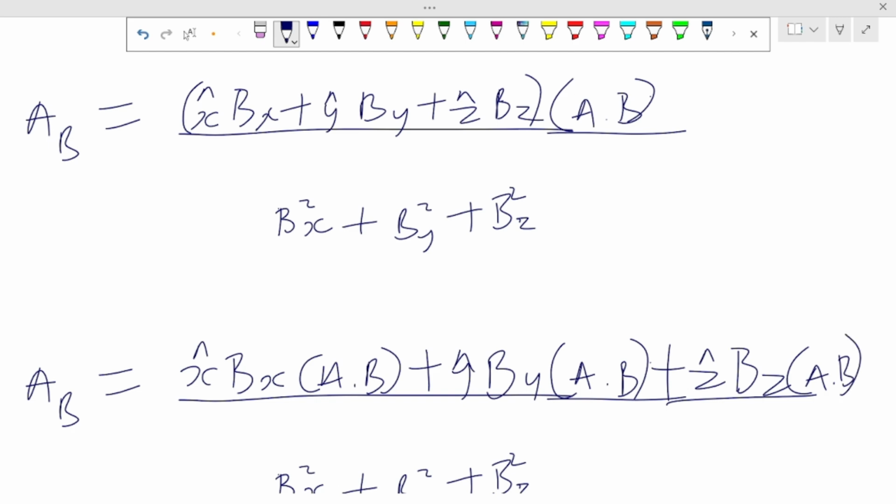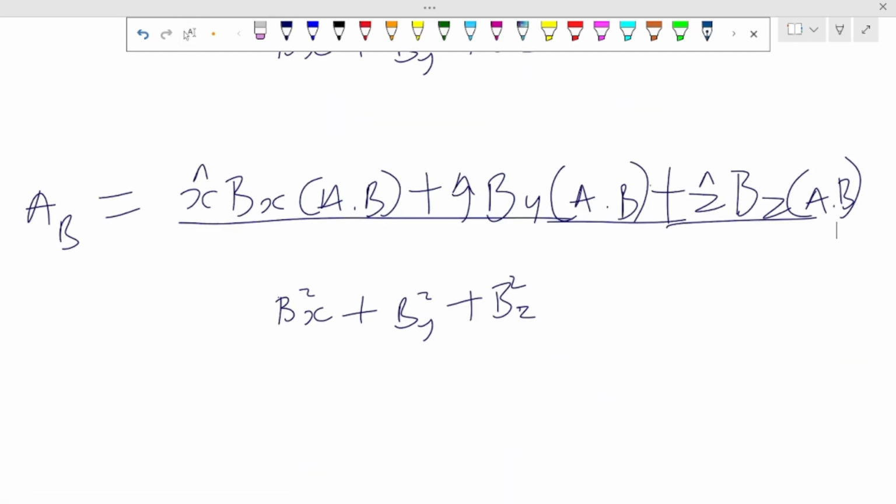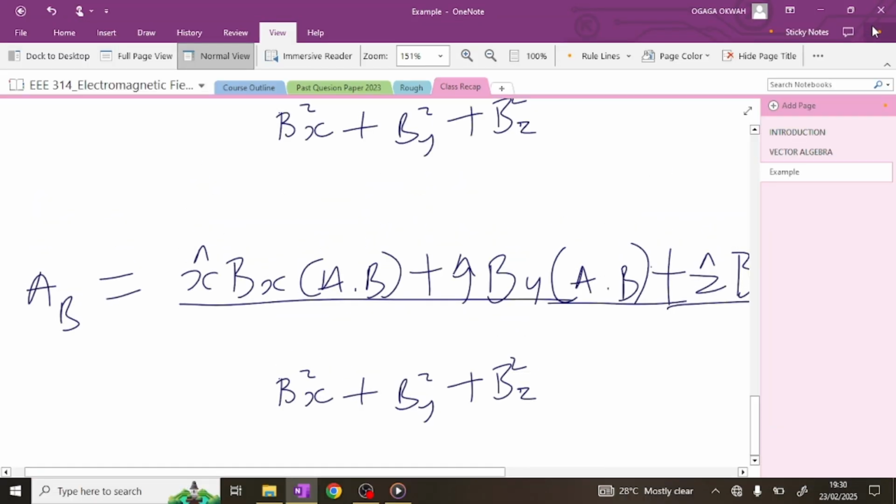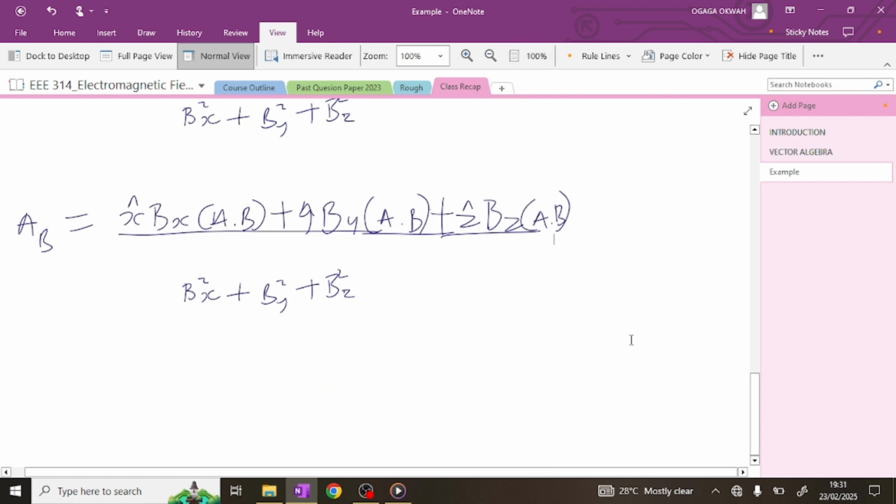Perfect. Okay, I think we can stop here. Of course, this is a general vector. So when we have values for the vectors, the simplification will make more sense. For now we're just dealing with general form.